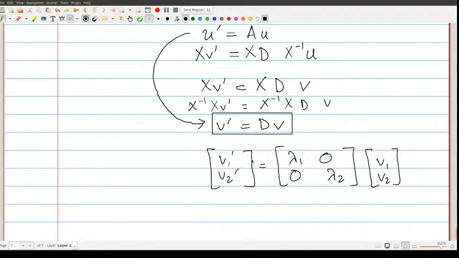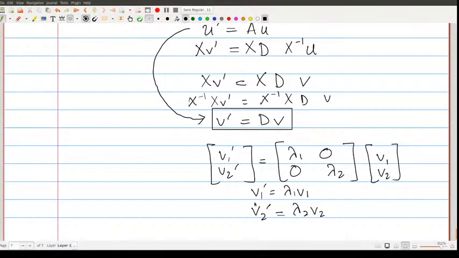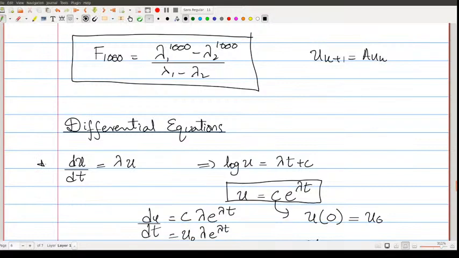Which means v1 prime is equal to lambda 1 v1, and v2 prime is equal to lambda 2 v2. The nice thing that has happened is we've converted this system into two equations of the original form, u prime is equal to lambda u.